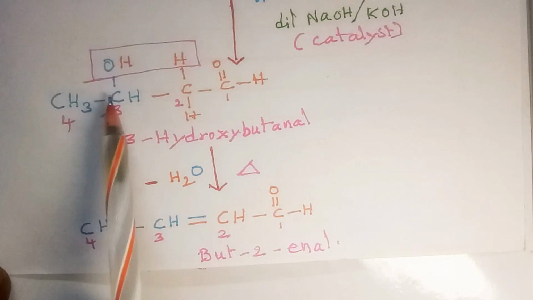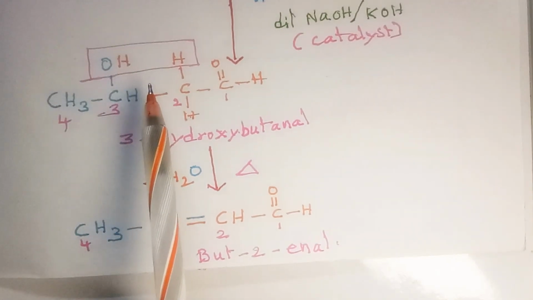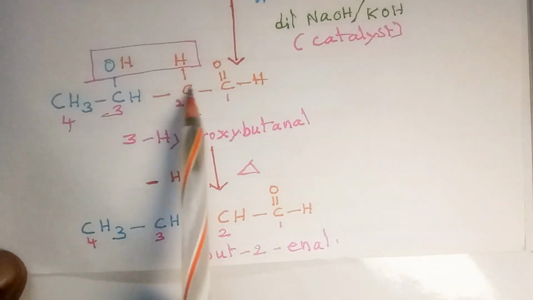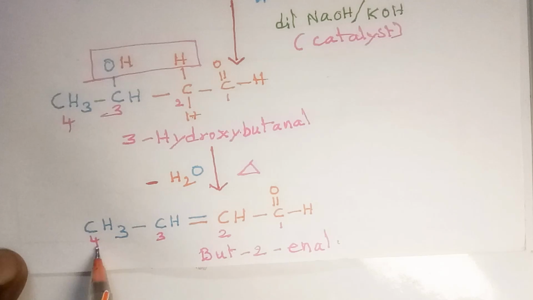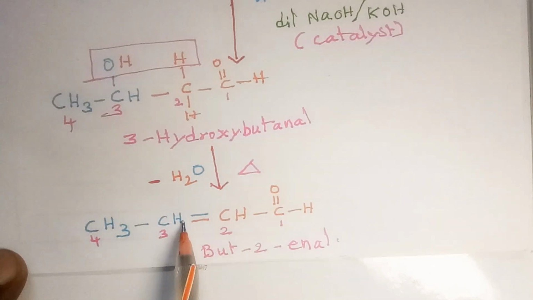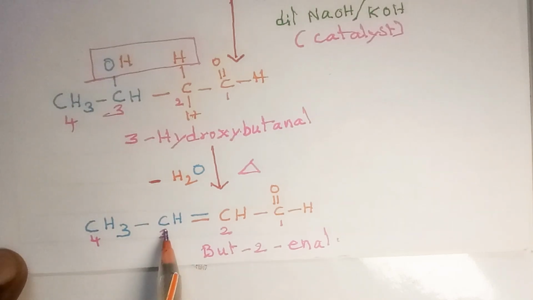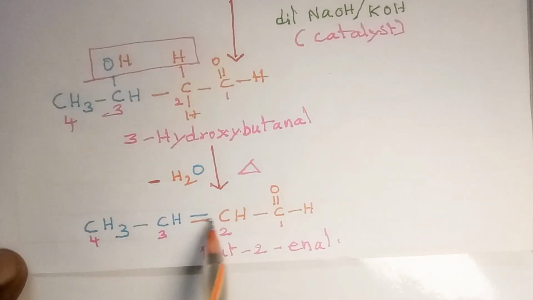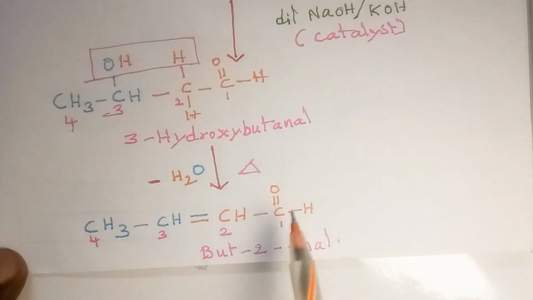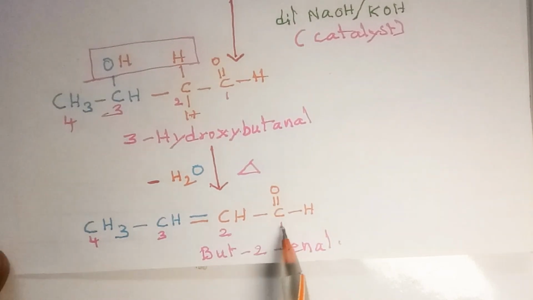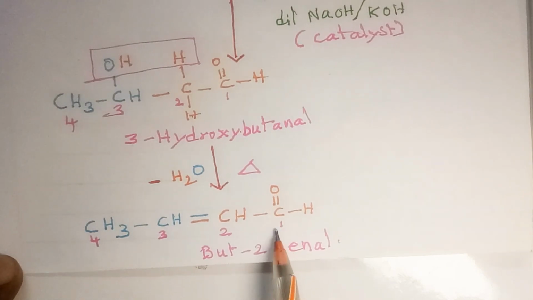As a result of which, this carbon atom and this alpha carbon will form another bond. There is a double bond between this carbon and this carbon. So we get CH3, CH, double bond CH, C double bond OH. This compound is the aldol condensation product.